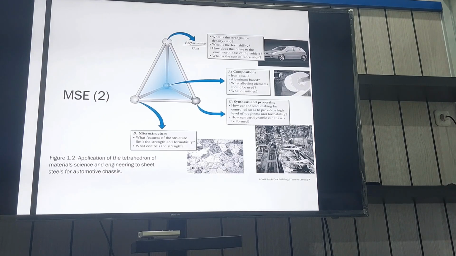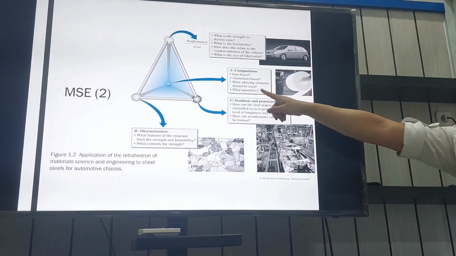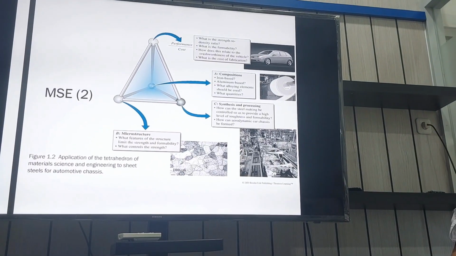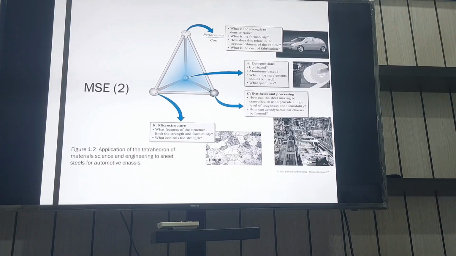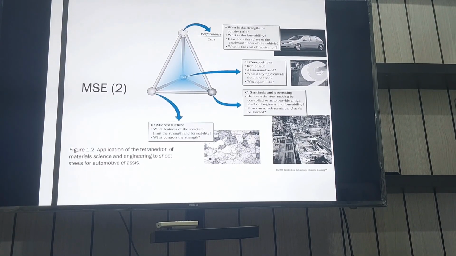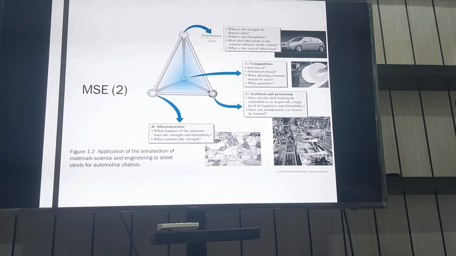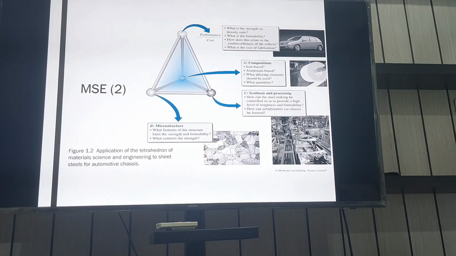Aluminium based, it means you can see what quantities. If we create a car with 70% aluminum and 30% iron, what properties do you get from that combination? Or 70% iron and 30% aluminum.